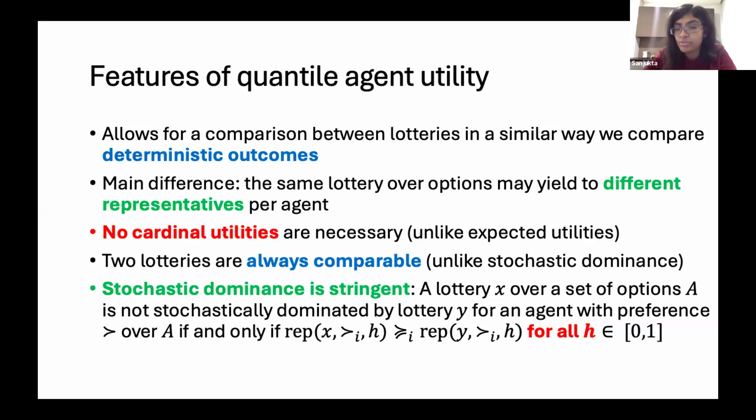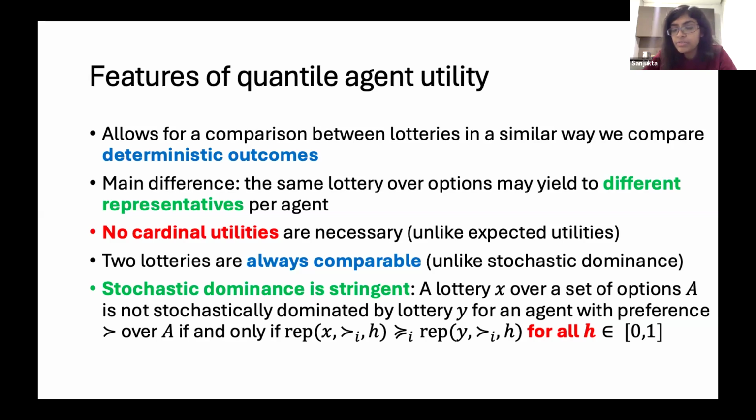It may also happen that two different agents have the same representative. But we don't need cardinal utilities. The whole setup can be defined for ordinal preferences, unlike expected utilities. But unlike stochastic dominance, we can always compare two lotteries because we will always have the representative for these lotteries, and we can compare these representatives.